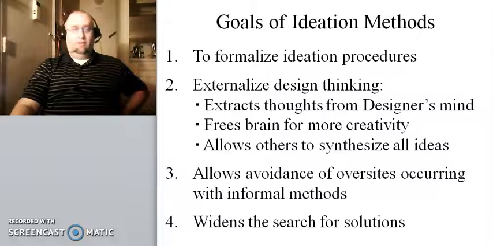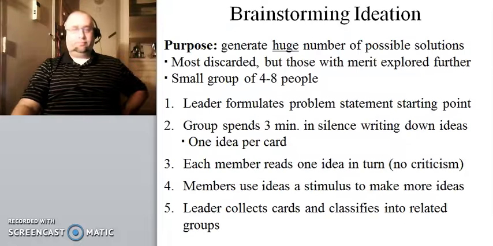So good to avoid mistakes from the beginning by having a formal process in place. And then finally, these methods widen the search for solutions. So they allow you to more thoroughly explore the entire design space. So those are our goals here in creating a formal ideation process.